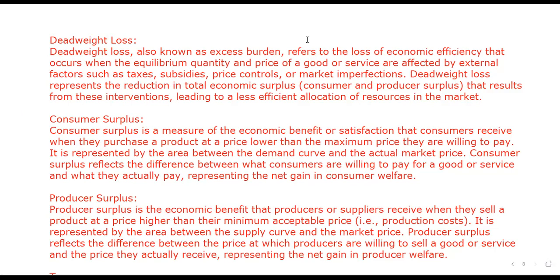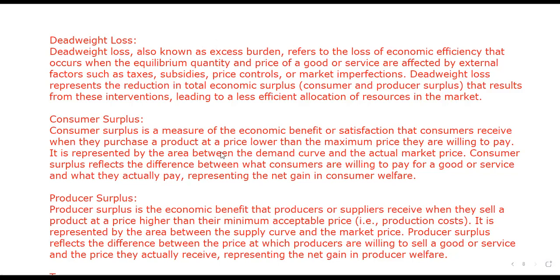Consumer surplus is simply the economic benefit or satisfaction that consumers receive when they purchase a product at a price lower than the equilibrium, whereas the producer surplus is simply the economic benefit that suppliers receive at a sale price higher than their minimum acceptable.